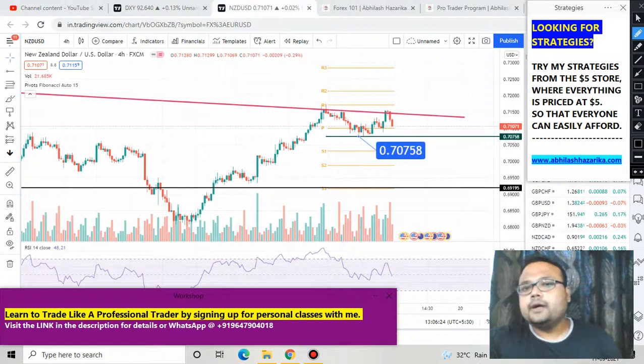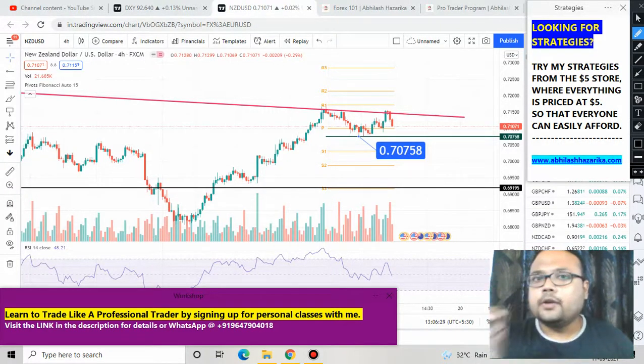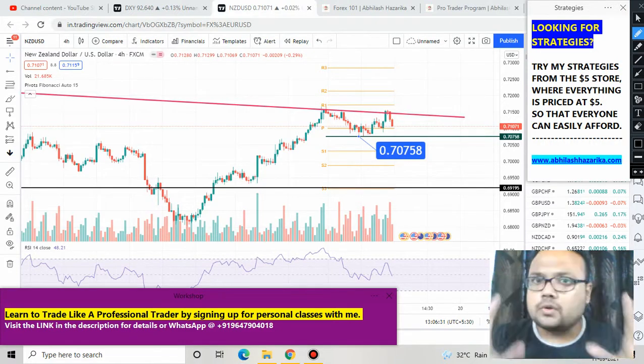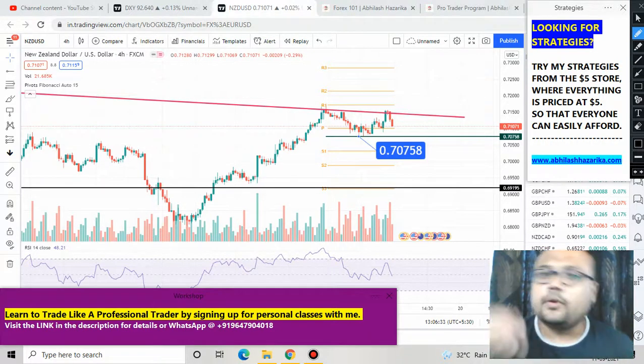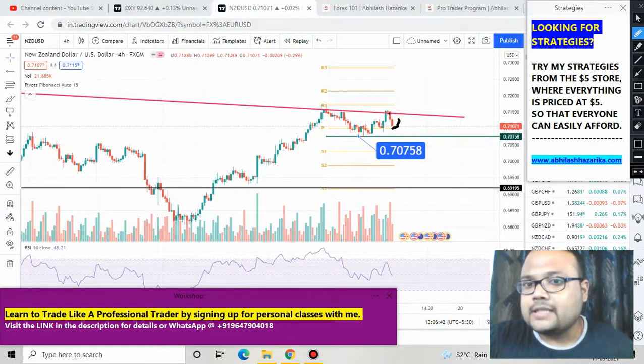So what should be our strategy for Monday on NZD USD? Let the market open on Monday and just see where the price goes, whether up or down. In case price goes up from here, just observe the price near the trend line.